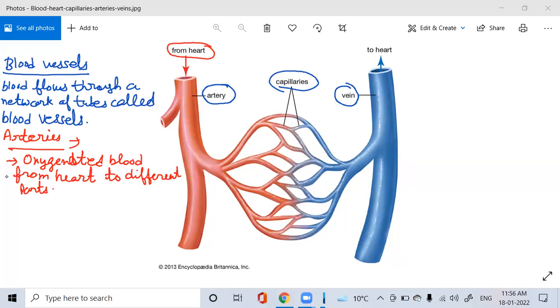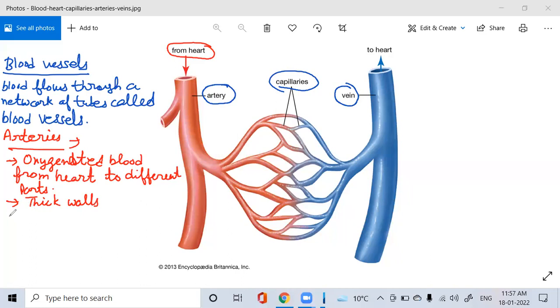As they are carrying blood from the heart, and we know that the heart acts like a pump, the blood will be under high pressure. That's why arteries have thick walls, because blood is under high pressure.